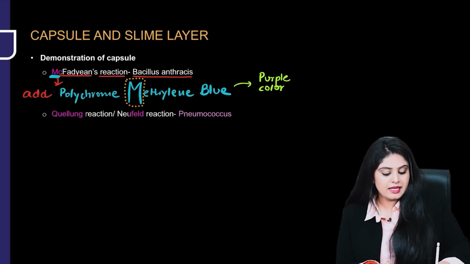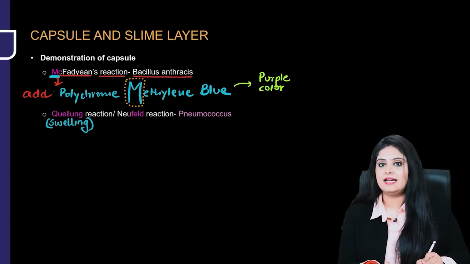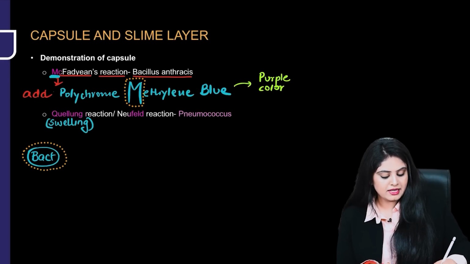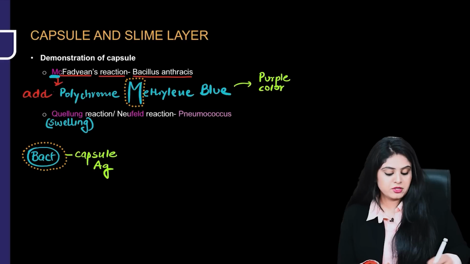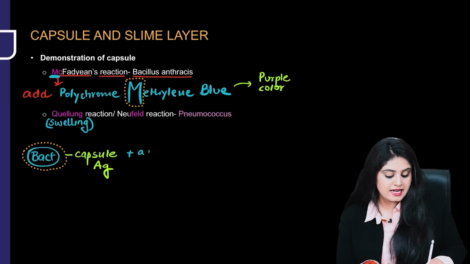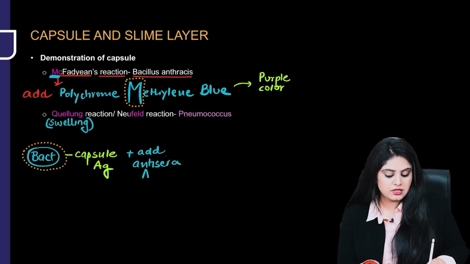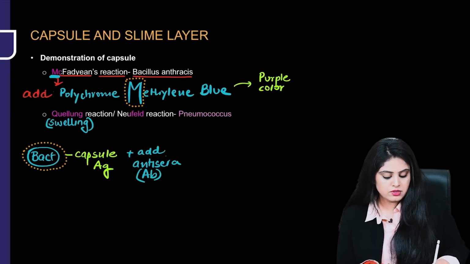So Quellung, I have rhymed it with swelling. Quellung will remind you of swelling. I'll tell you how. For example, if this is a bacteria and we are talking about capsulated bacteria, can I say that every capsule will have an antigen around it? And if there's going to be an antigen, I think everyone knows that if I add an antisera or an antibody to it, there will be a reaction. There's an antigen-antibody reaction that is definitely going to take place over here.